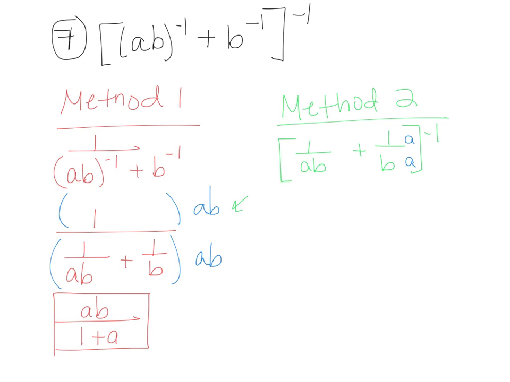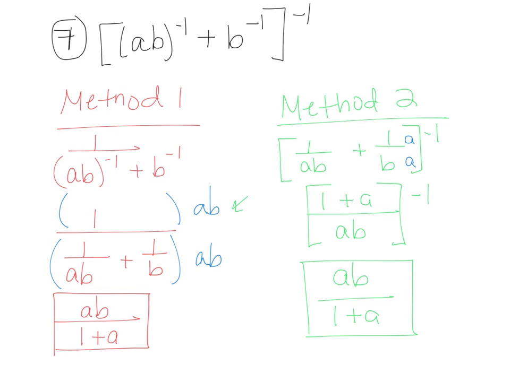So it's a little different. It's not our complex fraction per se. And we'll have 1 plus a over ab raised all to the negative first. And since it's a fraction raised to a negative, we just flip it and get ab over 1 plus a, and we are done.